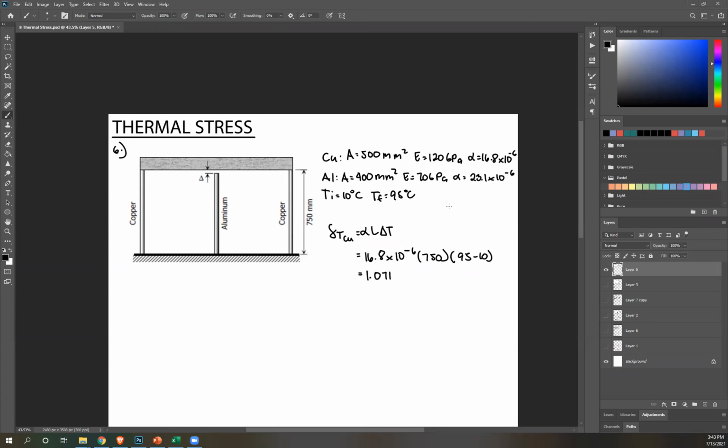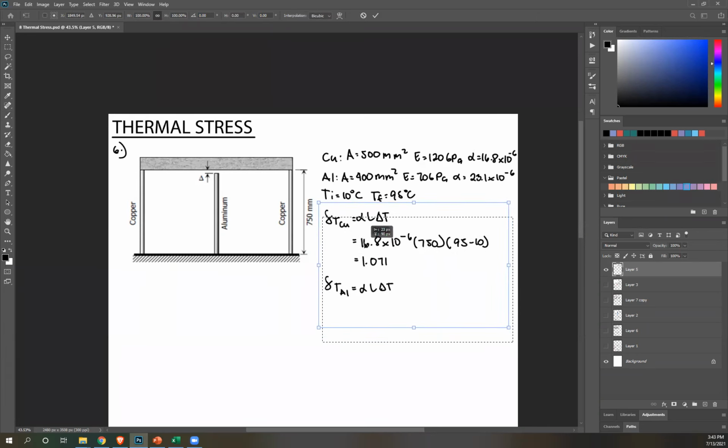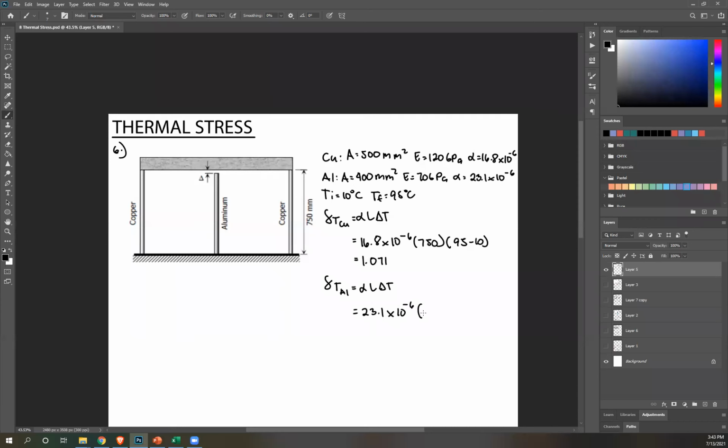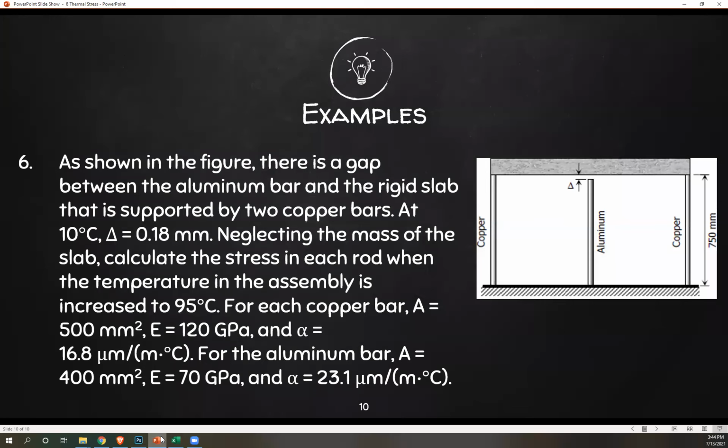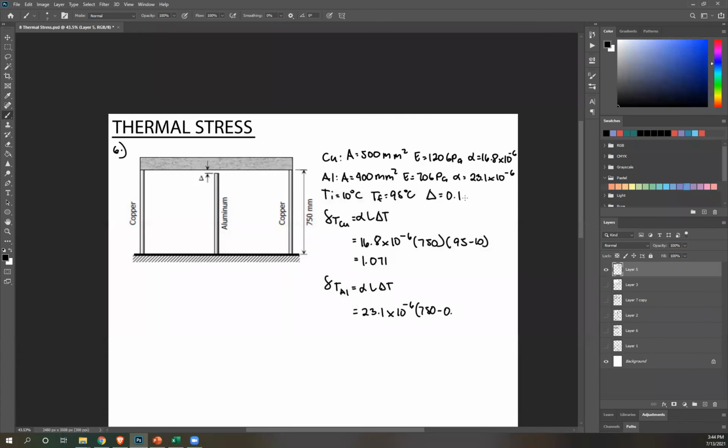Right, and then do the same for deformation due to temperature of aluminum. Okay, so to get the length of your aluminum, that's 750 minus this gap.